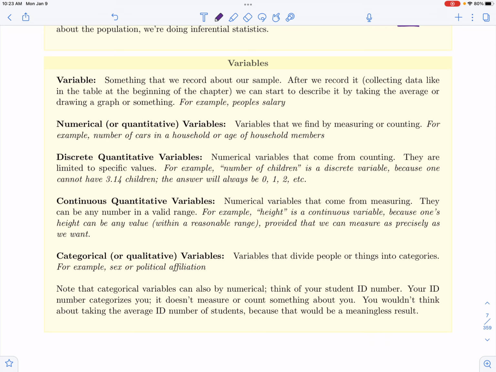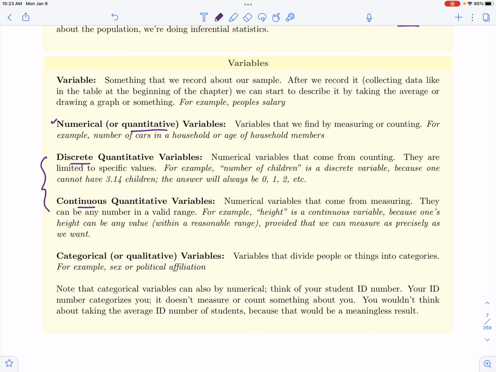Now the variables can be broken up into different types of categories. They can either be numeric or quantitative variables, which obviously means that they're made up of numbers. That can be broken up into two subcategories: discrete variables or continuous variables.